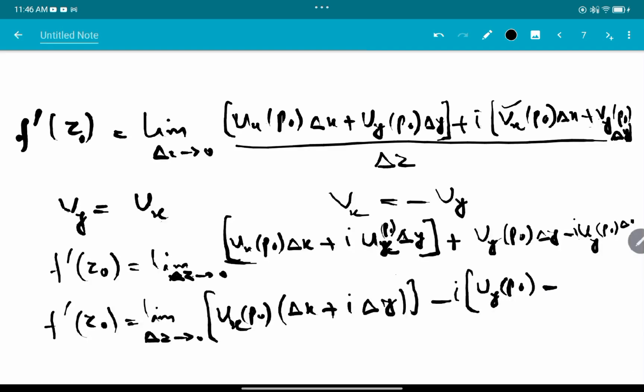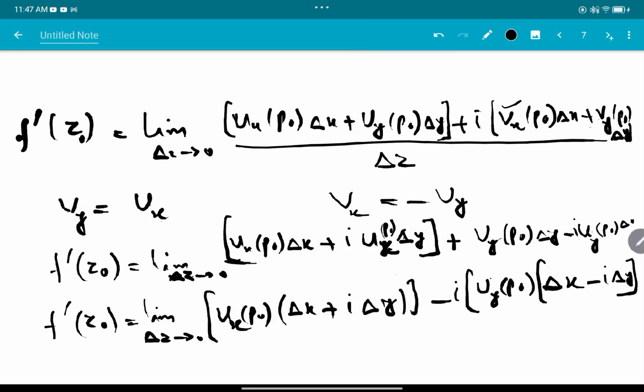Taking uy common, this is delta x minus i delta y. You can check it at your place. This is quite simple.